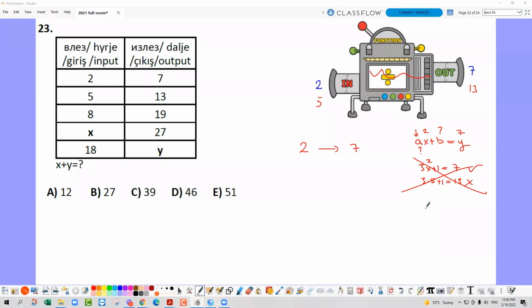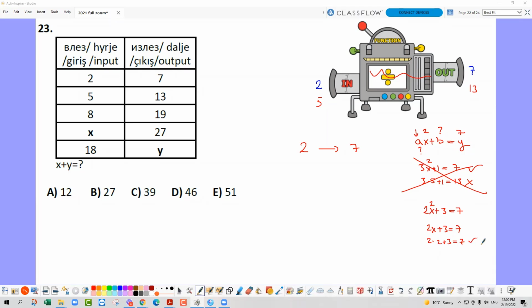So I'm going to do it like this. If I multiply by 2, 2x plus 3, because 2 times 2 plus 3 is equal to 7.